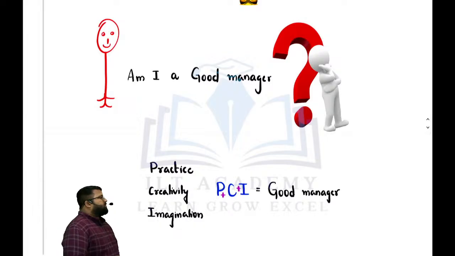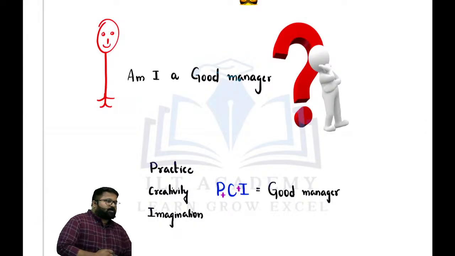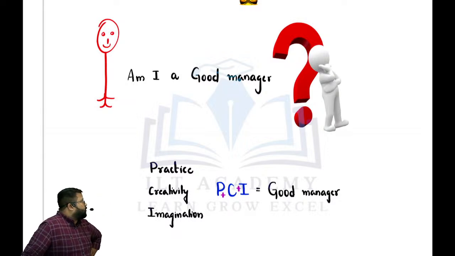So what is required for a person? Under that you write, ma: what is required for a person to be a good manager? What are those three things, ma? Practice, creativity, imagination.